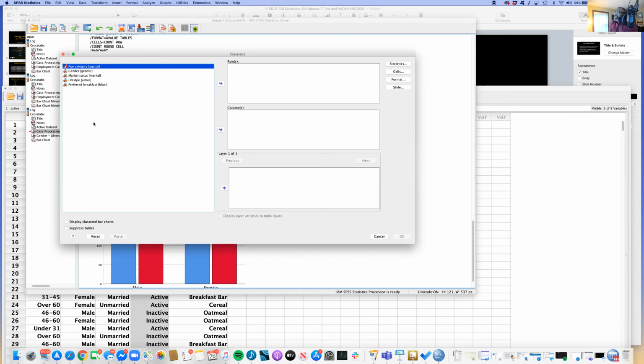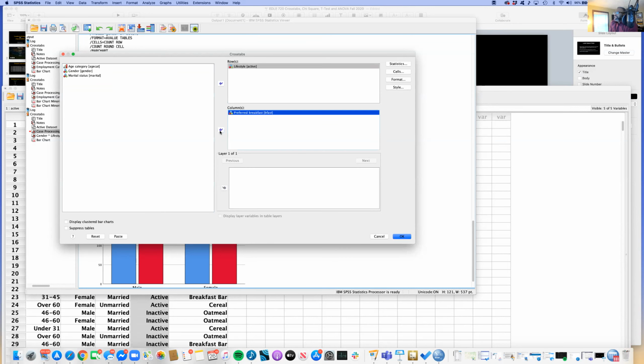Let's see what we want to do here. I want to see what lifestyle and preferred breakfast look like, and then I want to see what age category has to do with all of that. So I'm going to put that in layer 1, okay? And then I'm going to click display clustered bar charts.